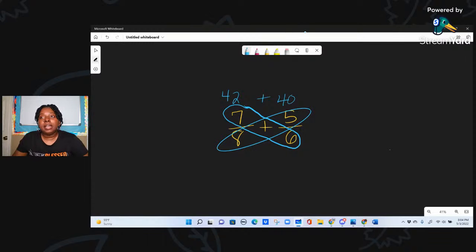So I did my wings. 7 times 6, 42. 8 times 5, 40. What am I going to do with the denominators now? What am I doing with the denominators? Nice job.